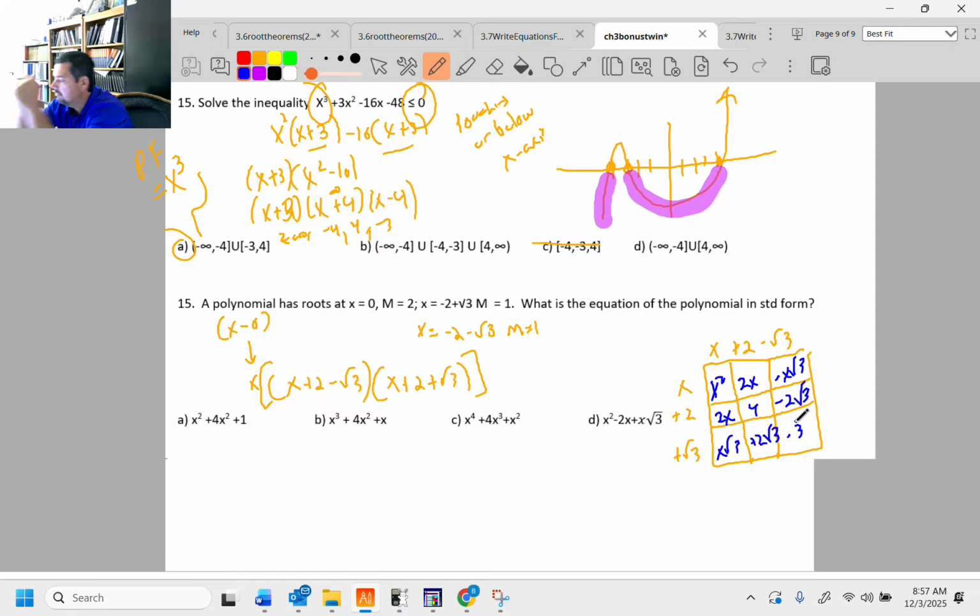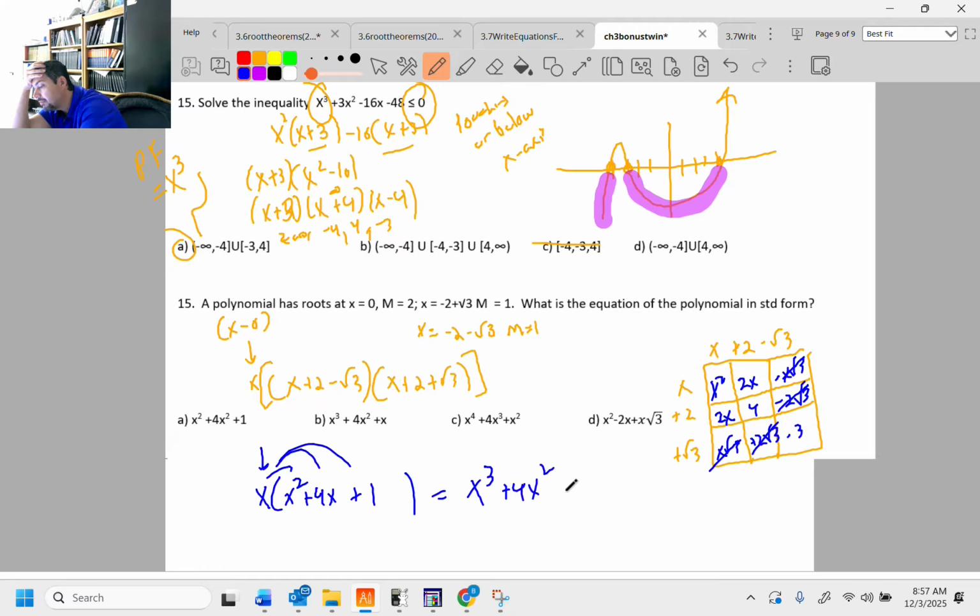All right, cool. I've got my leading x, and I'm going to put this stuff together. I have an x squared. Looks like there's 4x right there. Those two cancel. Those two cancel. 4 minus 3 is 1. So plus 1. And then it's just that distributive property. And I get x cubed plus 4x squared plus x.